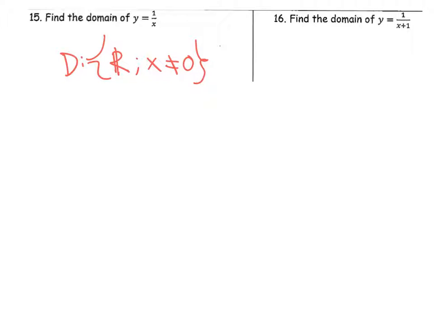All right, 16, find the domain of y equals 1 over x plus 1. You could plug in any number except for -1. Jacob, what would happen if I plugged in a -1 for x?